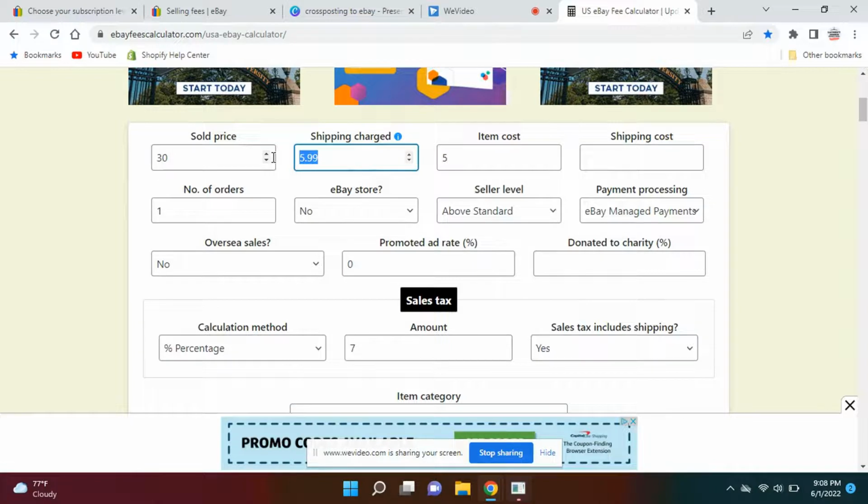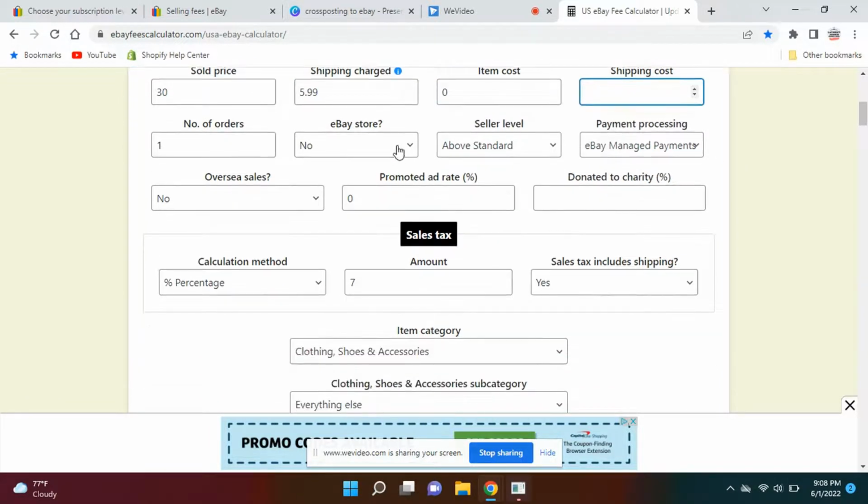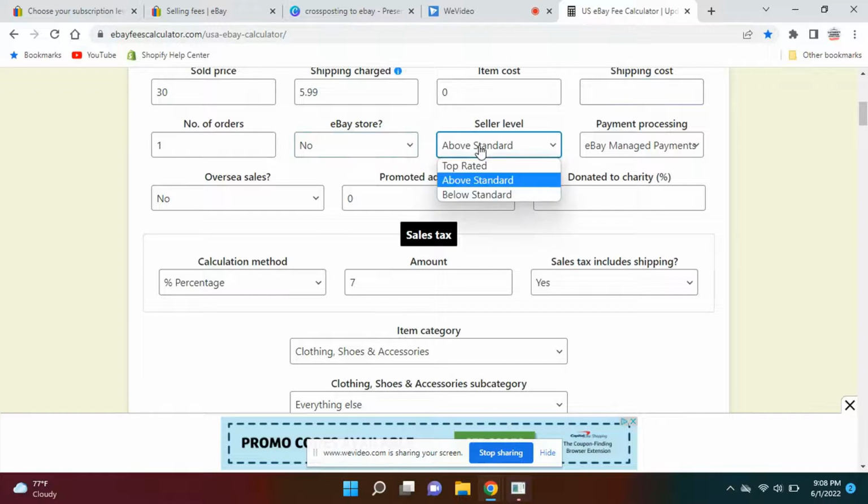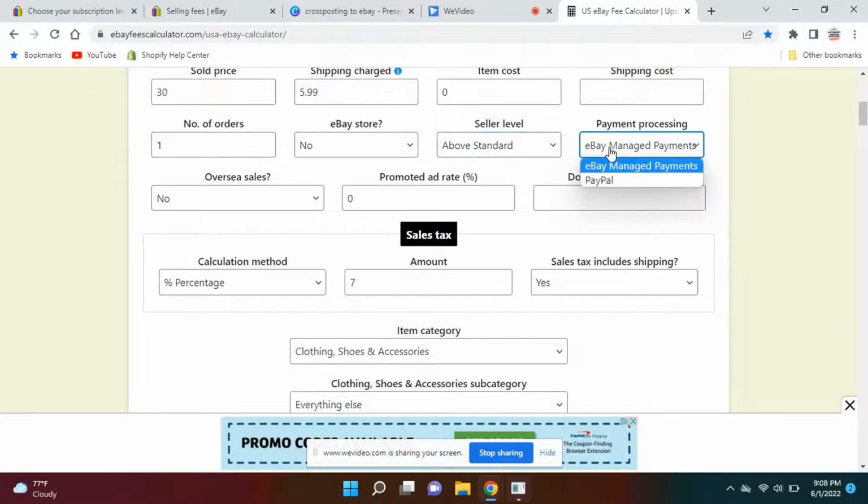But what I'm trying to show you guys is how much the eBay fees are. So you're going to see me put in 0 for cost of goods. And I didn't put any promotional fees in because I haven't talked to you guys about that. So this is going to show you how to do it. Hopefully it'll relieve a little bit of anxiety if you are a math person, that you can use this and have some sort of understanding of how it works.